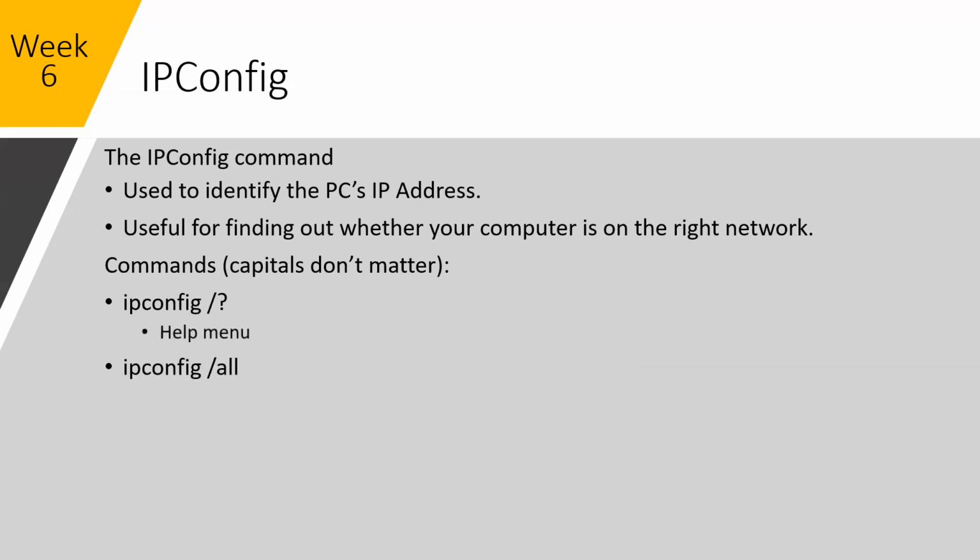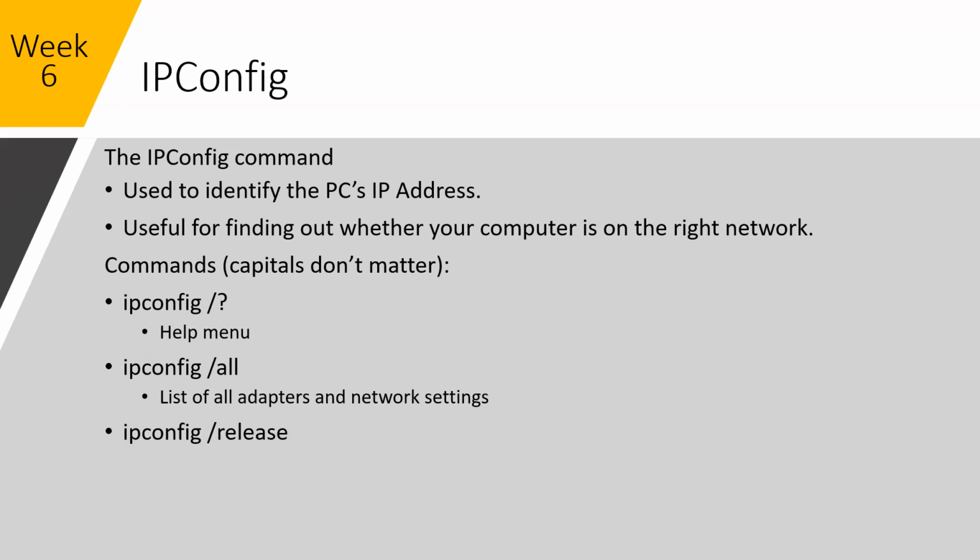That'll be the help menu. ipconfig slash all will list all of the adapters for your computer. This will include Wi-Fi, physical adapters, and then any adapters that might be communicating with VMs.